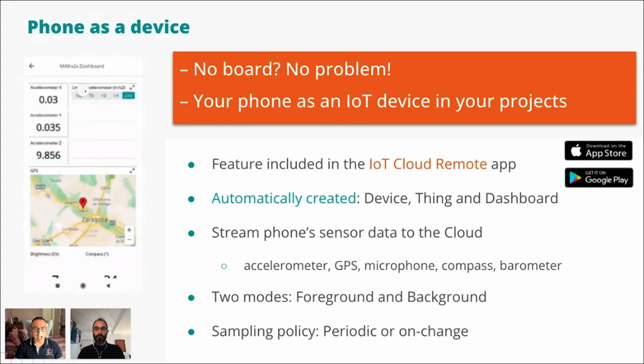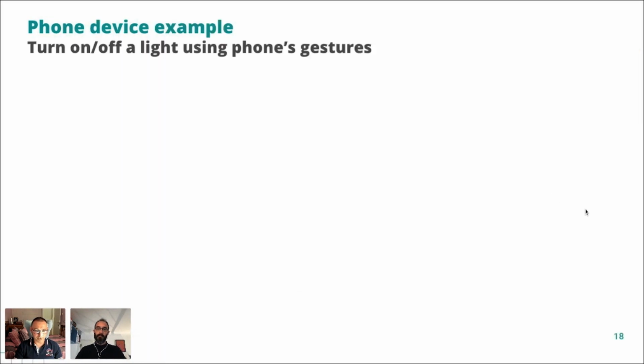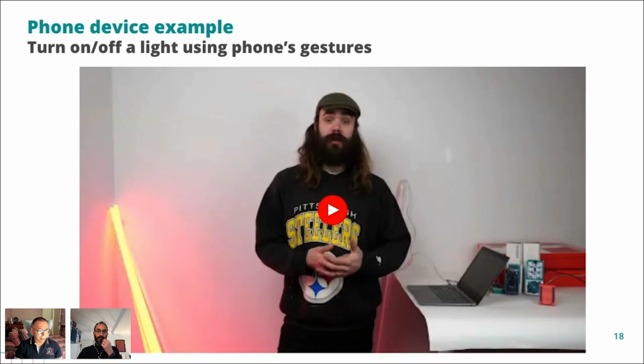So only our imagination sets the boundaries of what you can do with this new feature. But what can be better than observing this feature in action? And yeah, we have here Carl with this pre-recorded video where he will show how to use the phone's accelerometer to switch on and off a light with a relay.